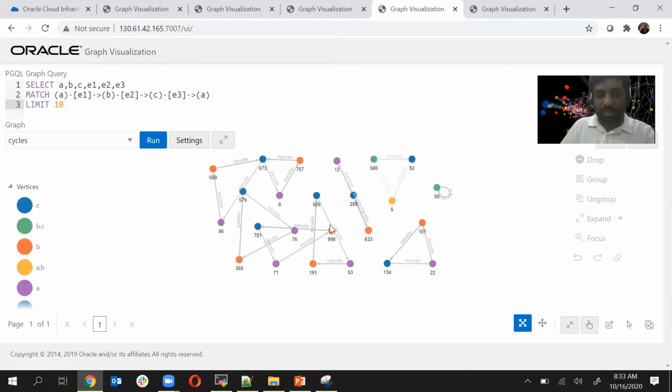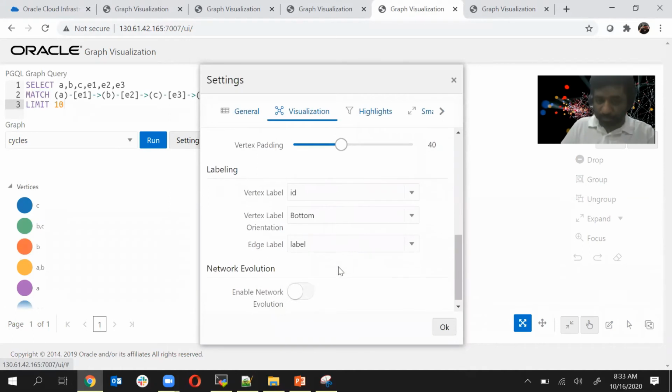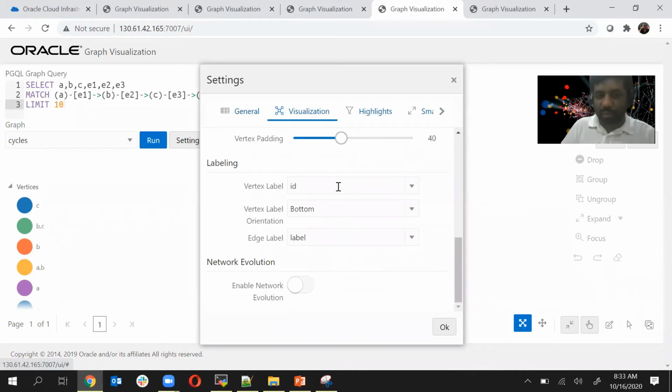Now you can see that it has taken 10 of those transactions. If you take an example here, we can see that 134 has transferred money to 22, and 22 has a transfer to 101, and then 101 has transferred it back to 134. You can also try to change the different properties here. Right now I have selected ID.